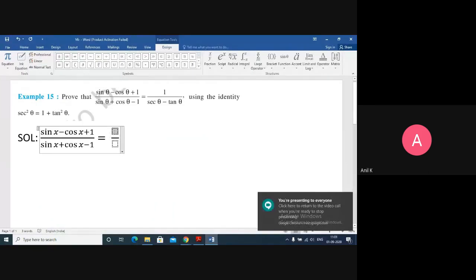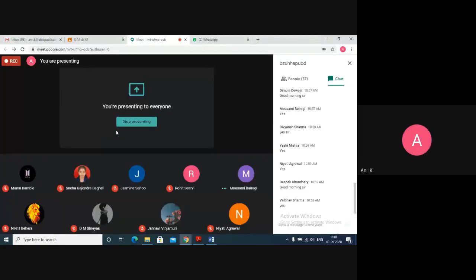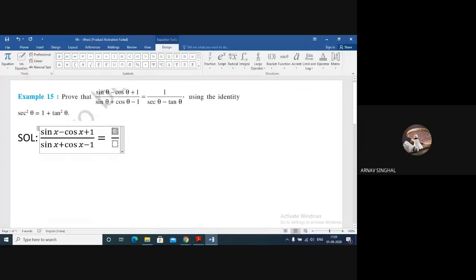So if I divide each and every term with cos x, the first term is sin x, so sin x is divided by cos x. What is sin upon cos? Anyone remember? Tan theta. So tan x will come, minus cos upon cos is 1, plus 1 upon cos.